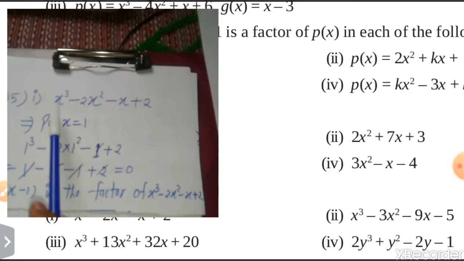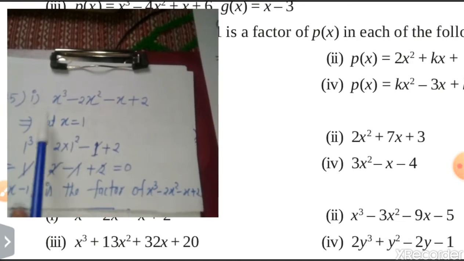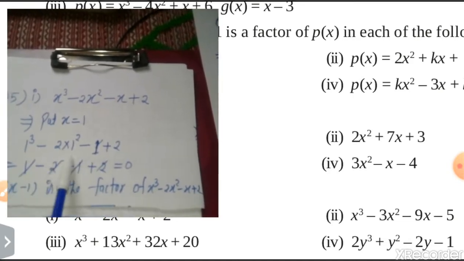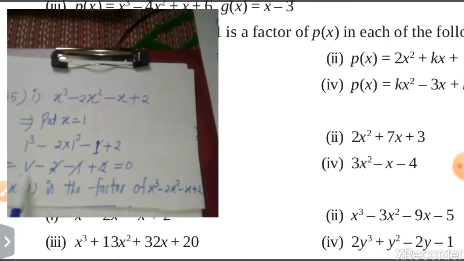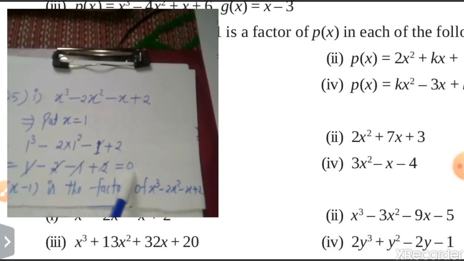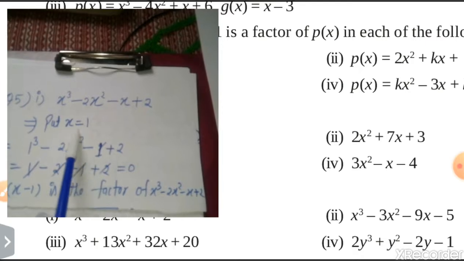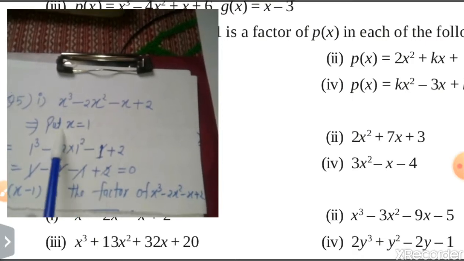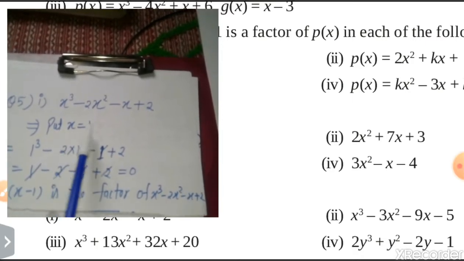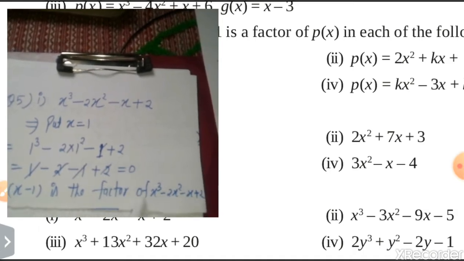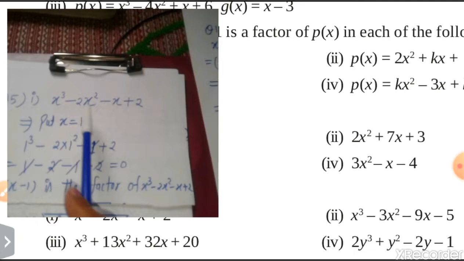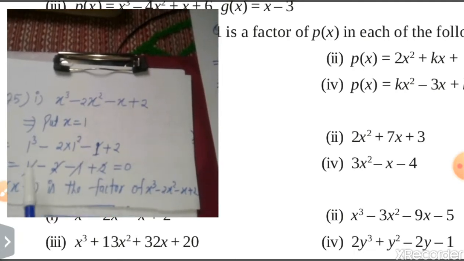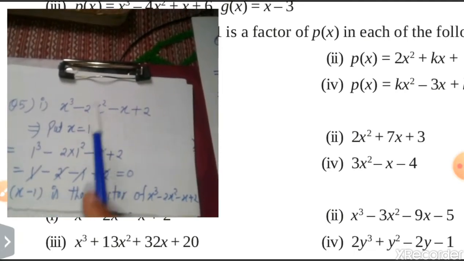Now I have put x equal to 1 in this equation. You can see that at all the places of x I have written 1, then I solved it, and finally I get 0. So x equal to 1, that means x minus 1 equal to 0. That means x minus 1 is the factor of this polynomial. This is the one part of this question. First we have to find out that this is the factor of this.